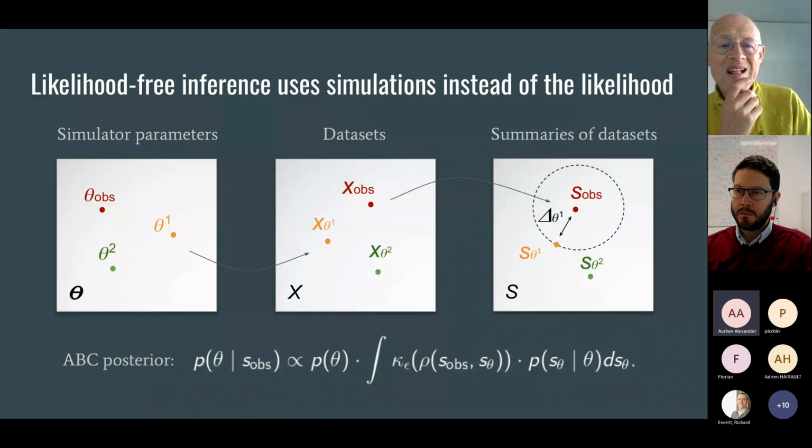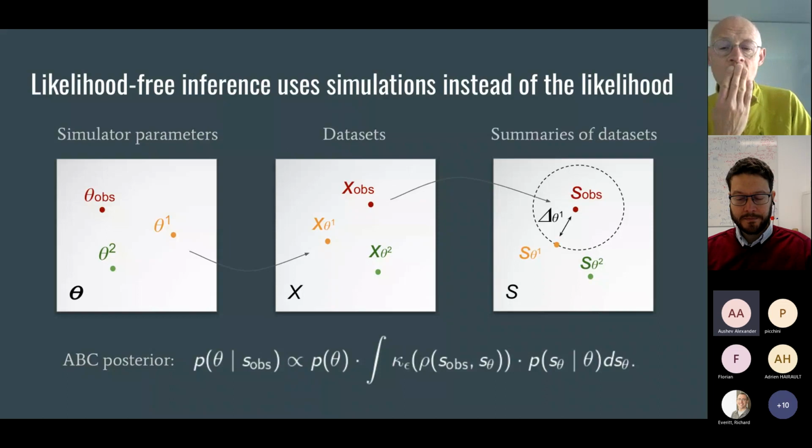The idea is that if the simulator generates synthetic observations that are very similar, by some distance measure, to the observed data set, then it is very likely that these are the parameters that produced the observed data set.